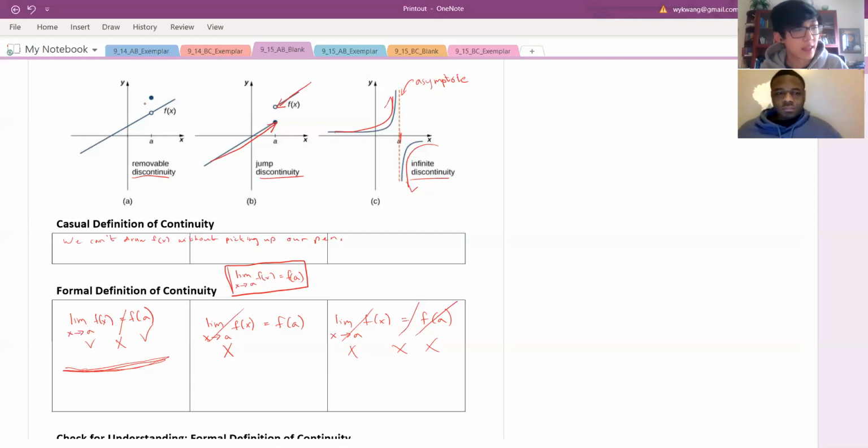For that one, if you look at it casually at 1.5, you can kind of just draw a line through it, so it doesn't seem like it violates our casual definition of continuity. Because 1.5, isn't that y equals 2x?